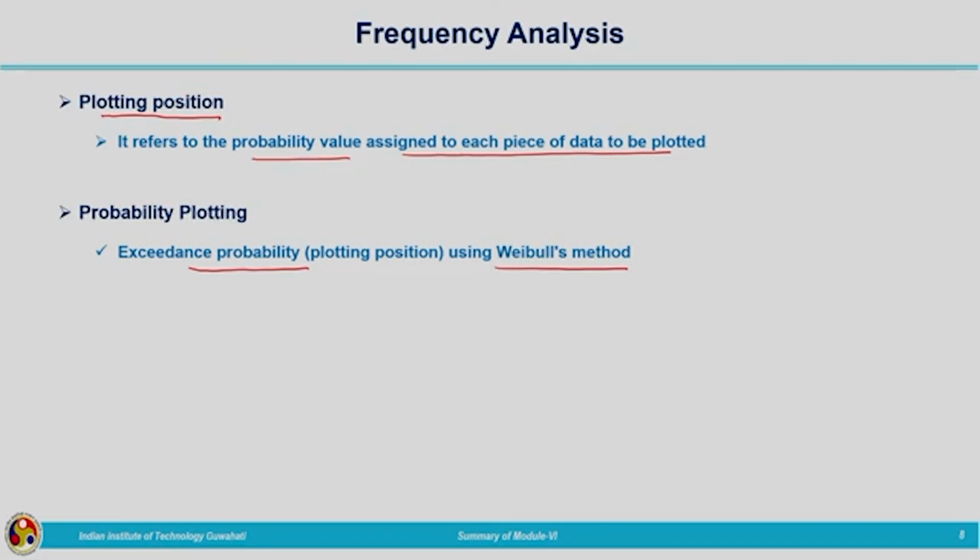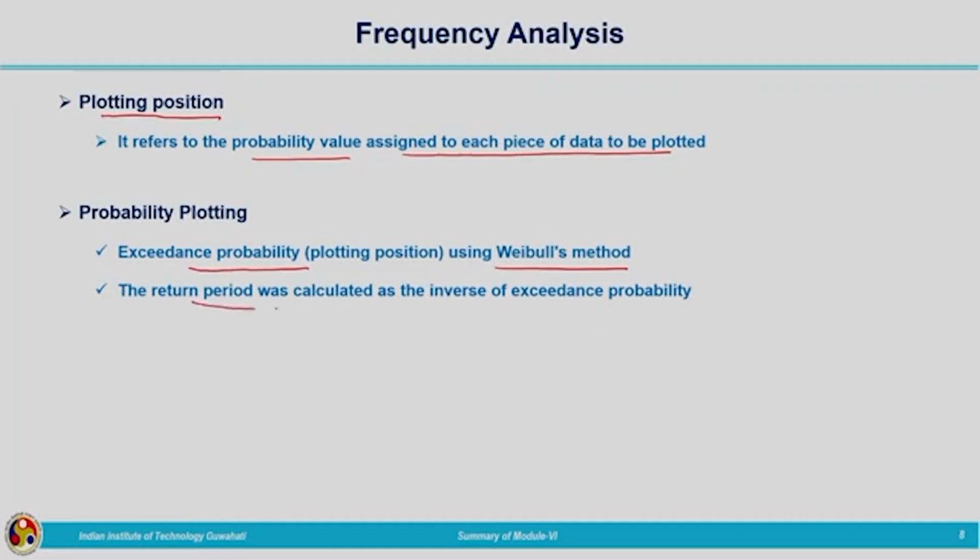In that case, the data having the highest value is given rank 1. Data is arranged in descending order and the ranks run from 1 to n if there are n data points. Based on the Weibull formula, we can find the exceedance probability, and once the exceedance probability is calculated, we can calculate the return period by taking the reciprocal of that value.